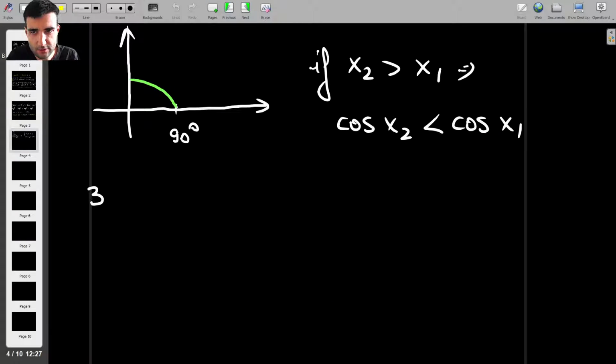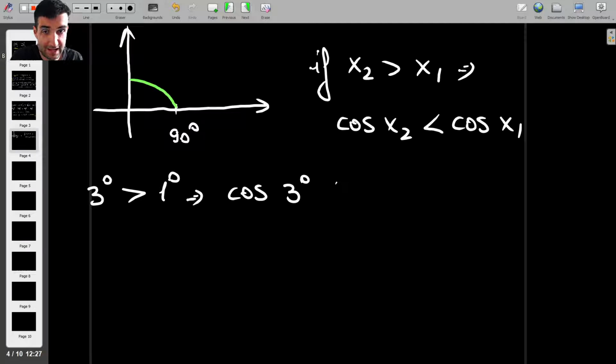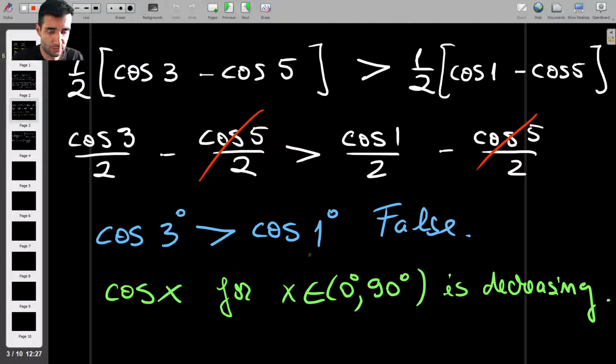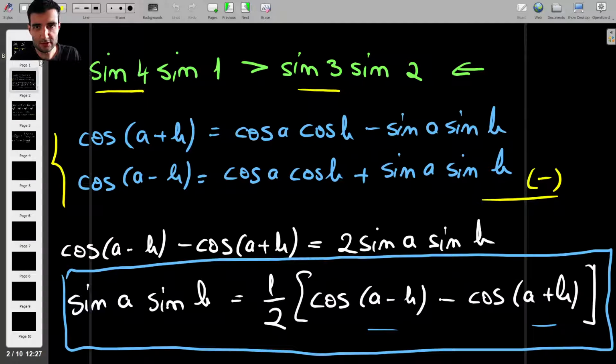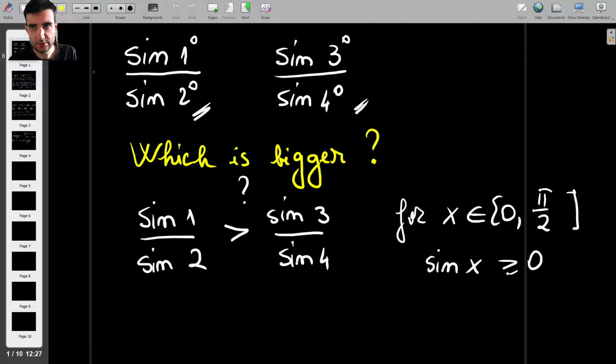And this is what is true in our case. Clearly 3 degrees is greater than 1 degree, which means that cosine of 3 degrees is actually less than cosine of 1 degree. So this is the greater one, which means that this inequality is false, which means that our initial assumption that this term is greater is also false.